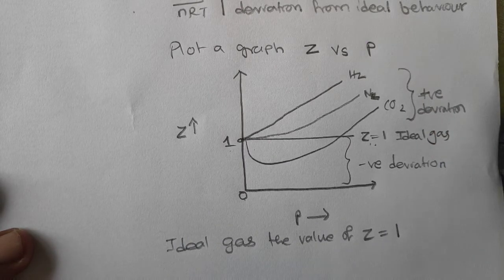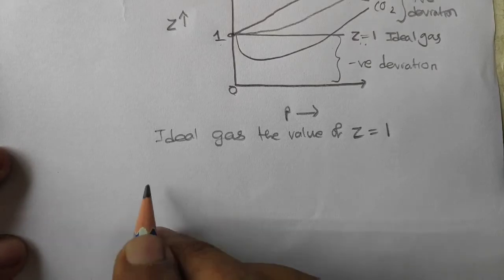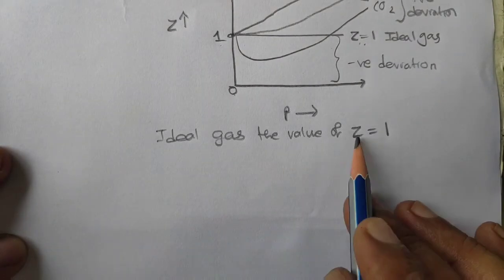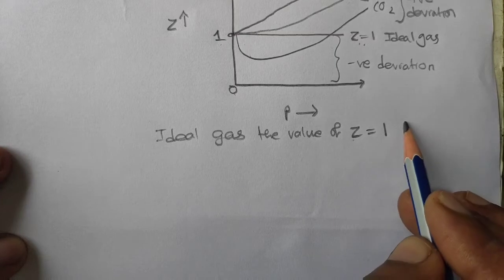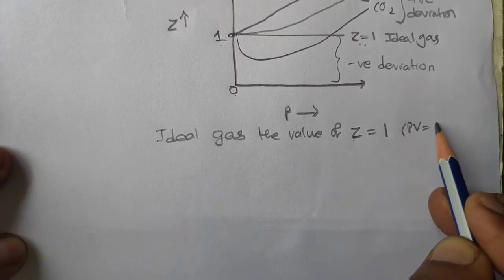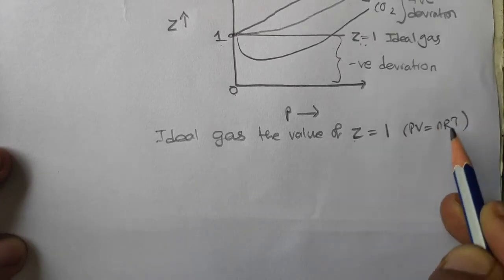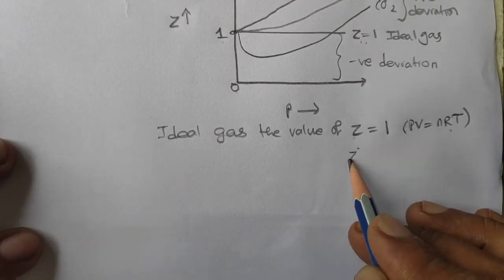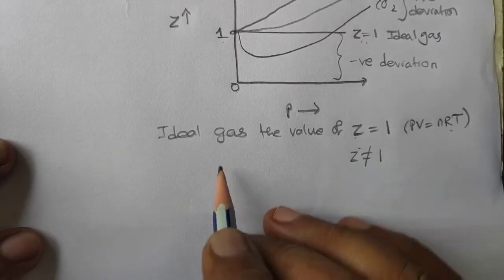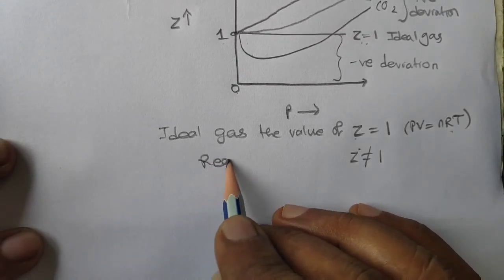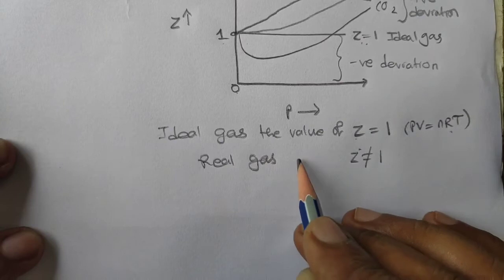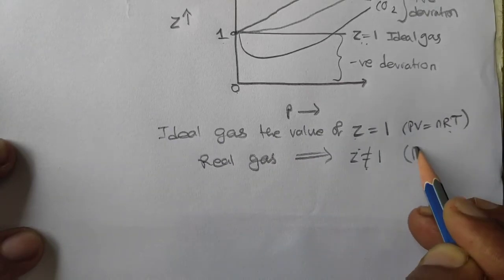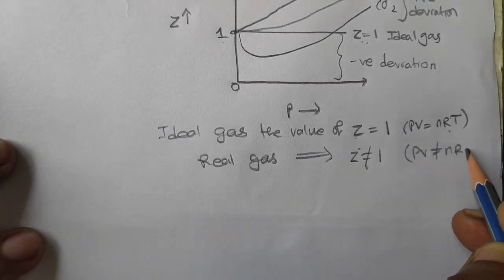Now, for an ideal gas we have seen Z is equal to 1, meaning it will follow the PV = nRT form, that is, it will behave like an ideal gas for Z equal to 1. But when Z is not equal to 1, this is the value for which gas? Real gas. That is, PV will not be equal to nRT.